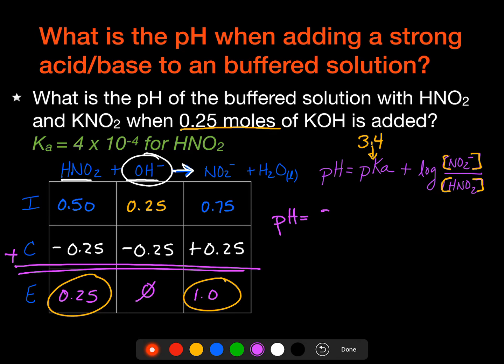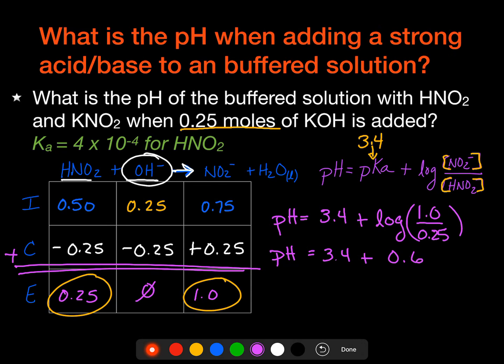So pH is equal to 3.4 plus the log of 1.0 on the top divided by 0.25 on the bottom. Okay. And so when I calculated that out, I get 3.4 plus 0.6, which is 4.0.